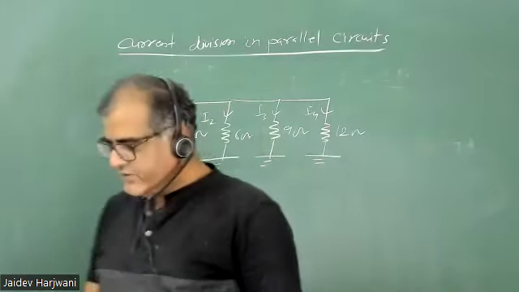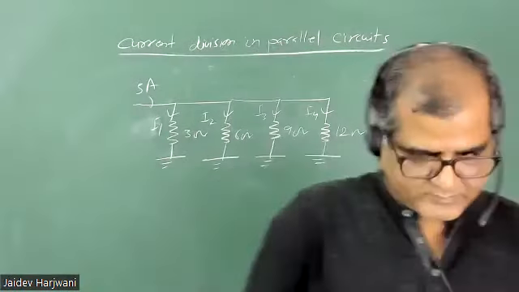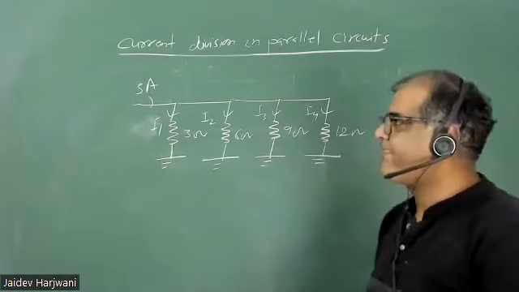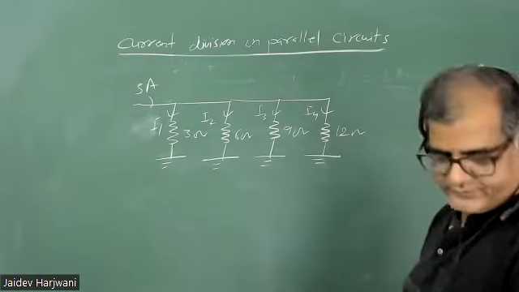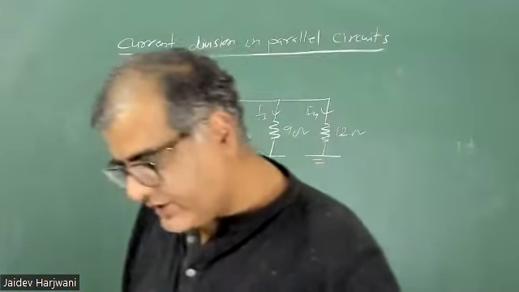Now calculate I1, I2, I3, I4. How will you calculate? What is the formula you'll use? I'm giving you 2 minutes time.